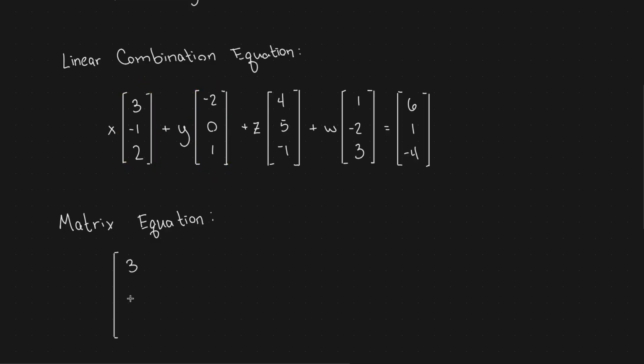So column 1, 3, -1, 2. Column 2, -2, 0, 1. Column 3, 4, 5, -1. Column 4, 1, -2, 3.